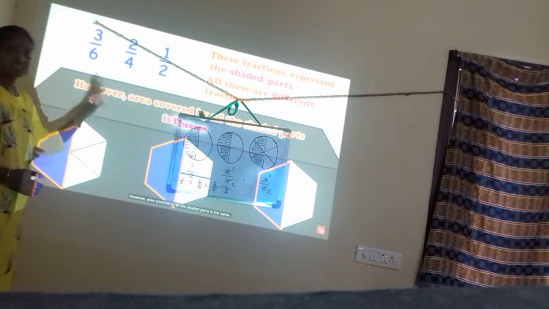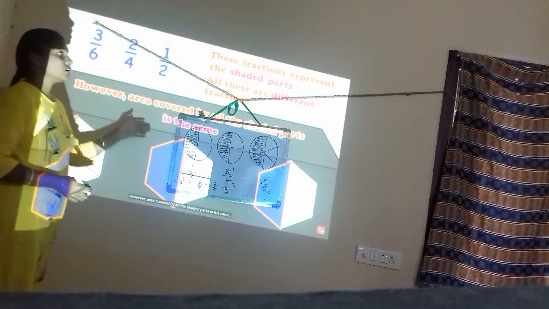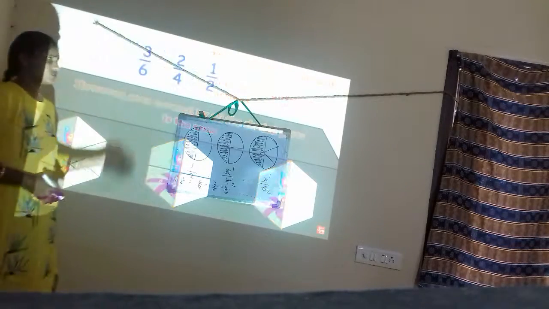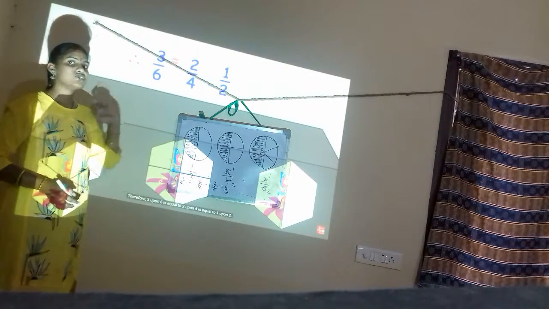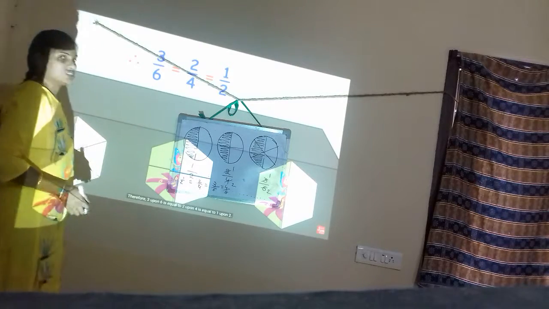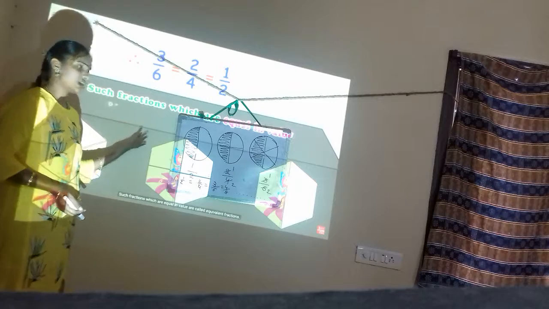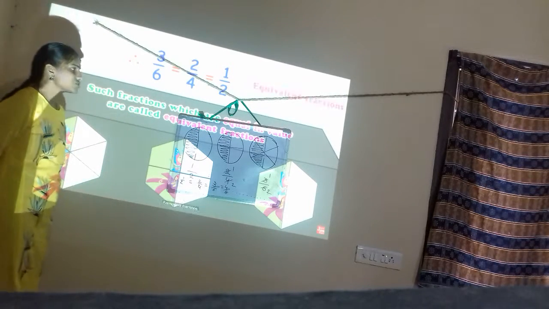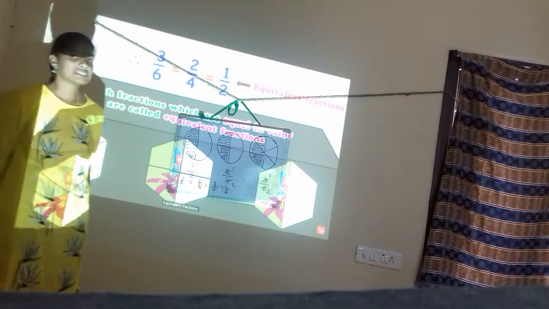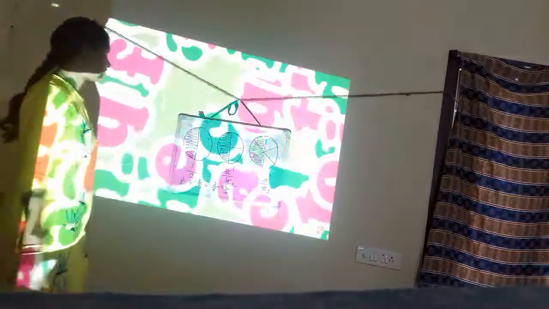These fractions represent the shaded parts. All these are different fractions, but they are equivalent fractions. Such fractions are called equivalent fractions.